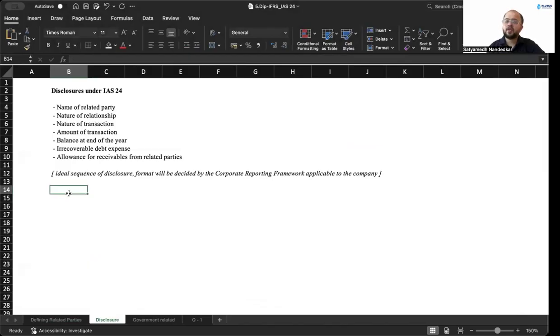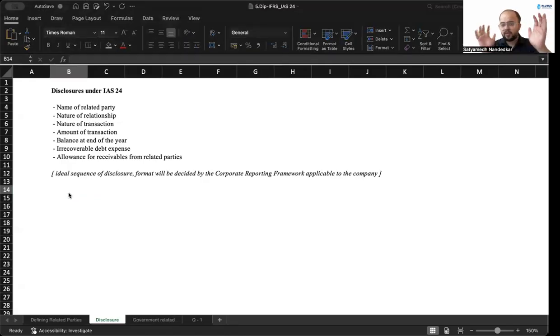What do I mean by nature of the relationship? What is it? Holding subsidiary or key managerial person, what is it? Name, so name of the related party, then nature of the relationship, then description of the transaction. What is the transaction? Provision of management consultancy service, sale of goods in the regular course of business, whatever. Then amount of the transaction.